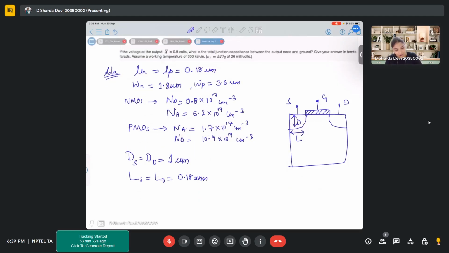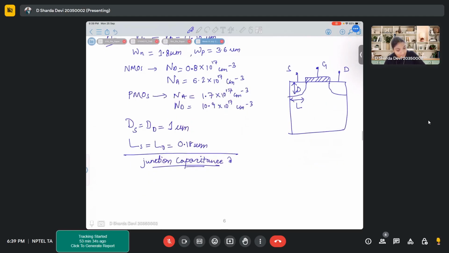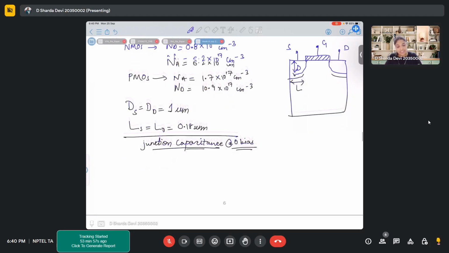So how to calculate junction capacitance? The formula for junction capacitance at zero bias. And junction capacitance is between either source and body or drain and body, right? So this capacitance will be influenced because of your source-drain voltage.